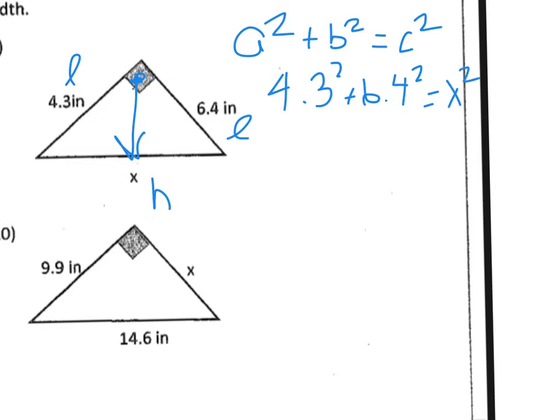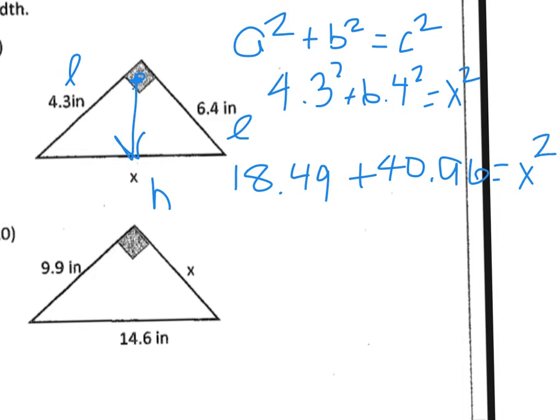So I'm going to square them. I'm going to say 4.3 squared, which gives me 18.49, plus 6.4 squared, which gives me 40.96, is going to give me my answer eventually.